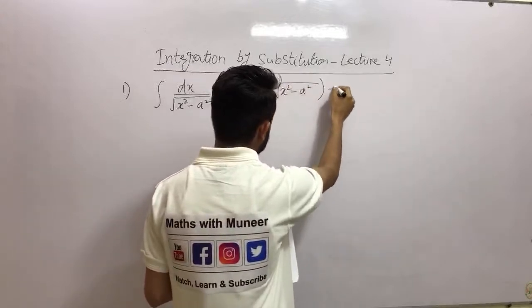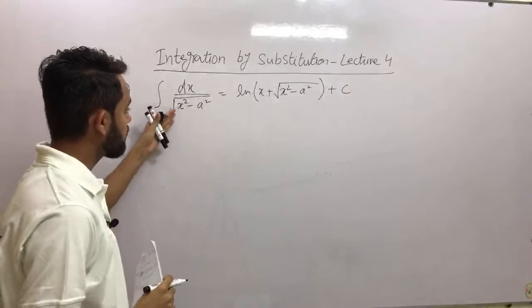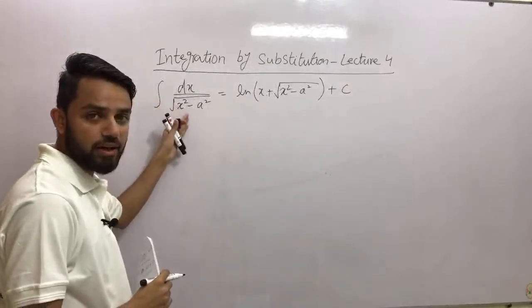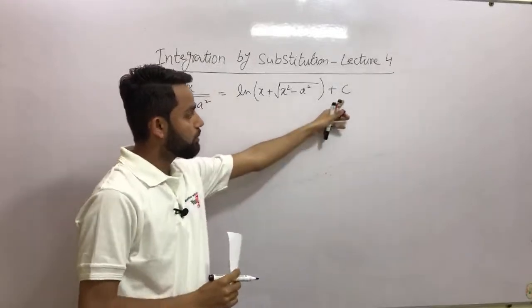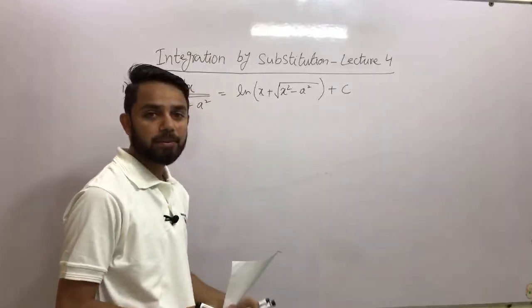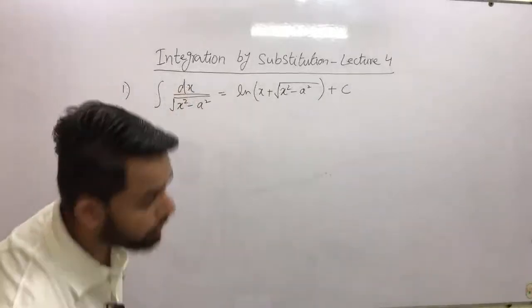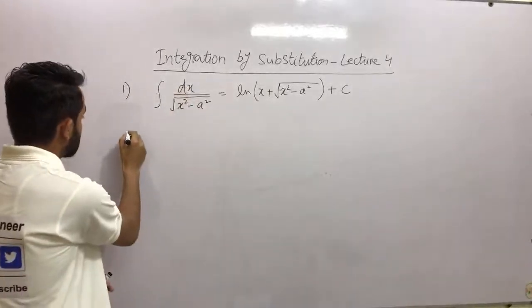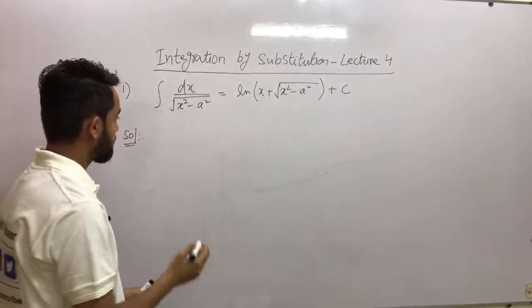This is basically the proof that we want to find, and we want to make sure that once you evaluate this integral by using the substitution method, it comes out equal to this. And c basically represents the constant of integration.